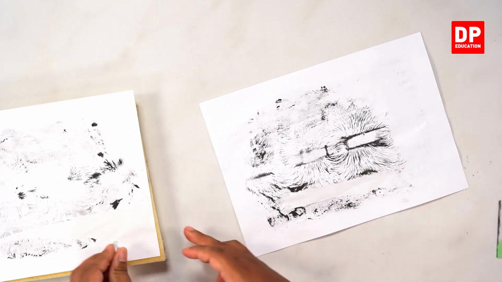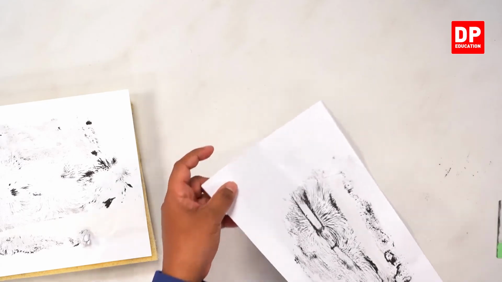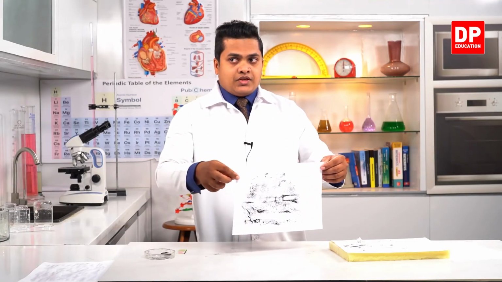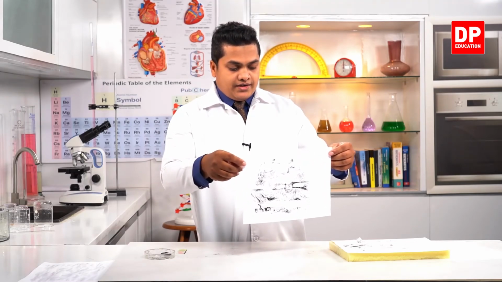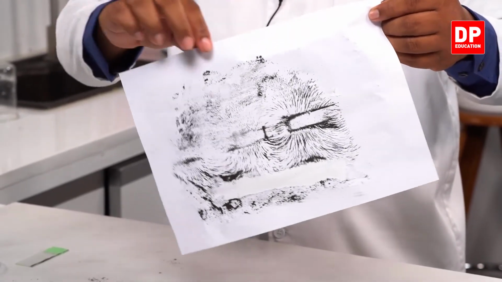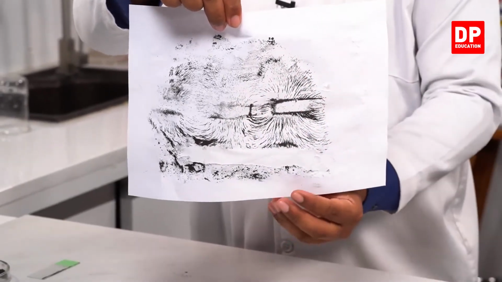Right, now this is my imprint. You can see a good pattern. Here you can see that the magnetic field lines of the two magnets are facing each other.